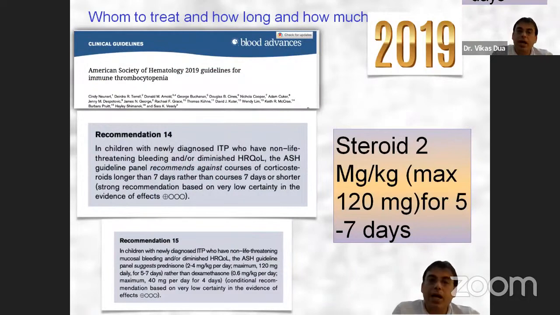So the American Society of Hematology in 2019 has given specific recommendations for those patients who require therapy.